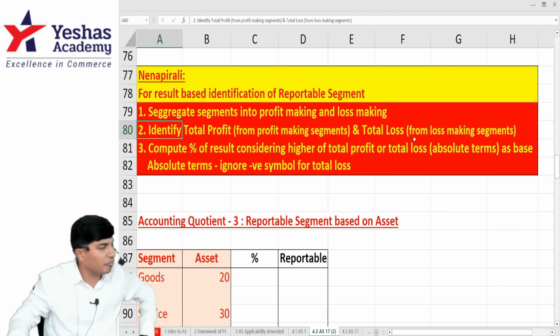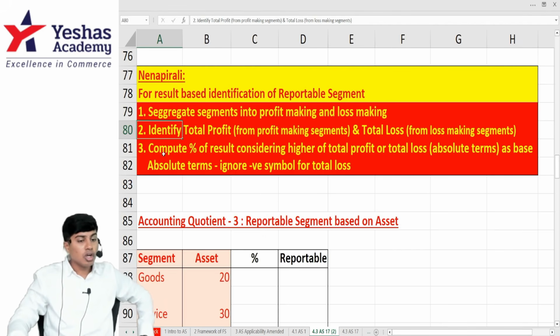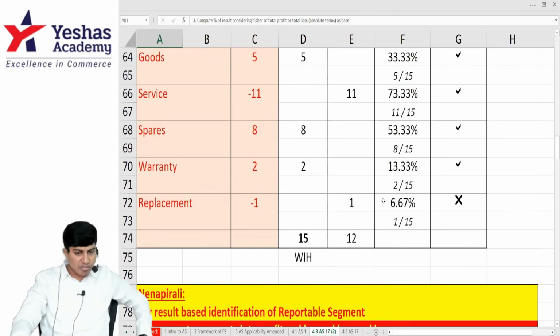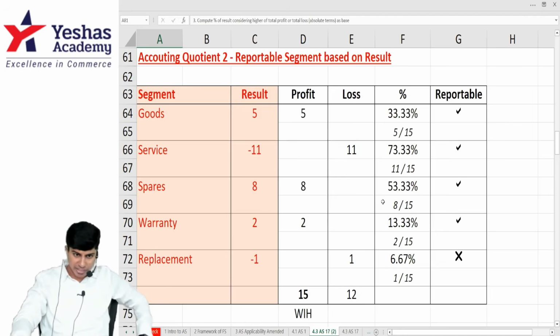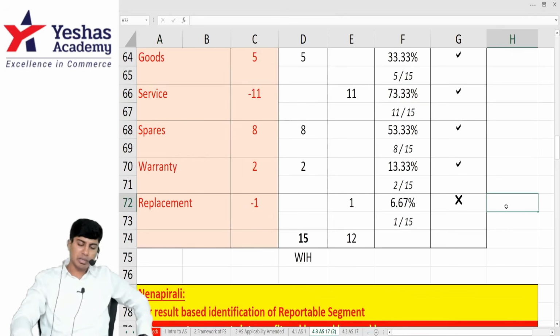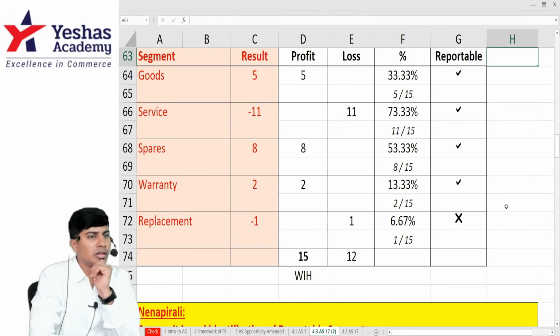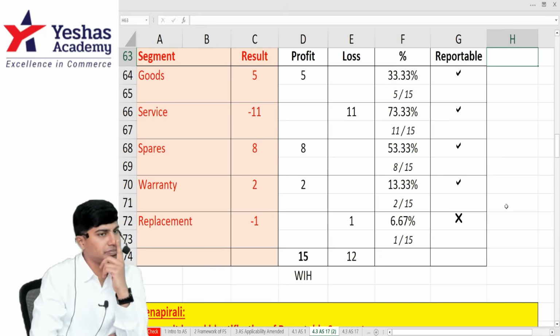Then compute percentage of result considering the higher of the totals as the base. And you should do it in absolute terms, meaning ignore the negative symbol for total loss. And then if such percentage is greater than or equal to 10, that segment becomes a reportable segment. Everybody understood? Copy the answer. Those of you who got it wrong, copy, quick.